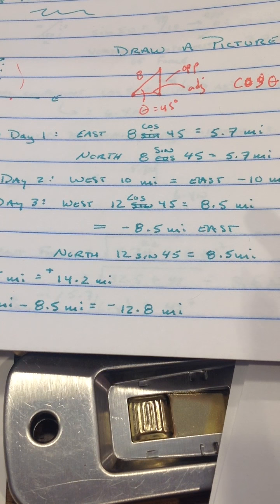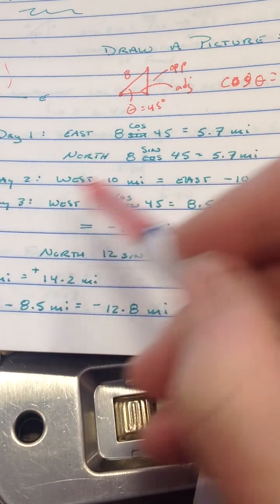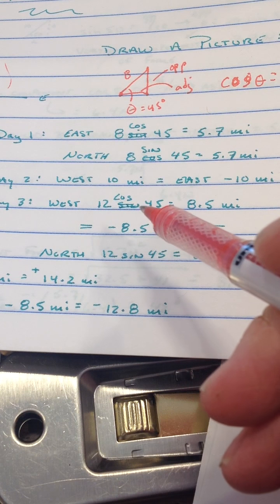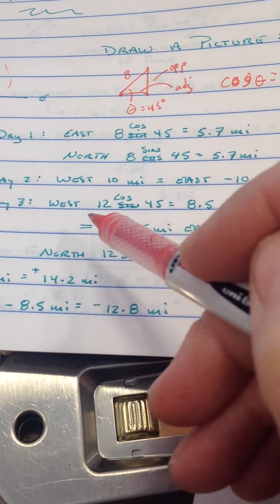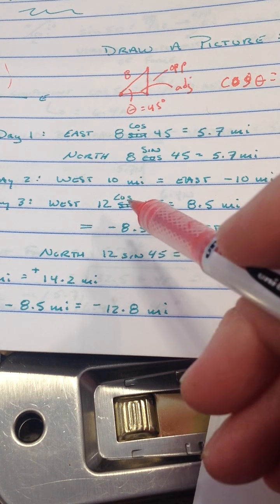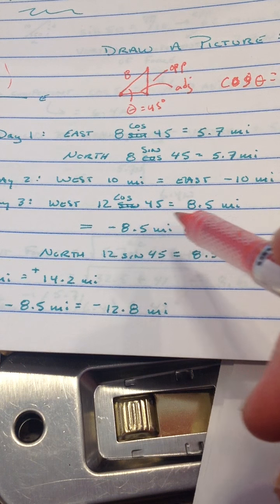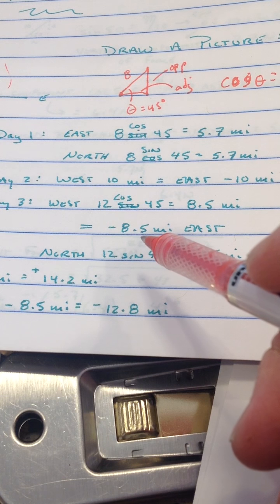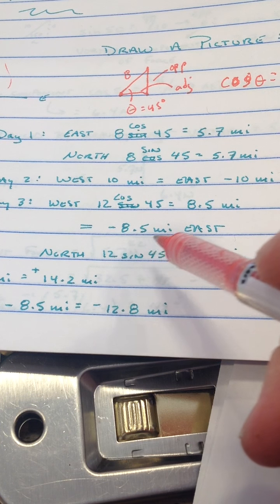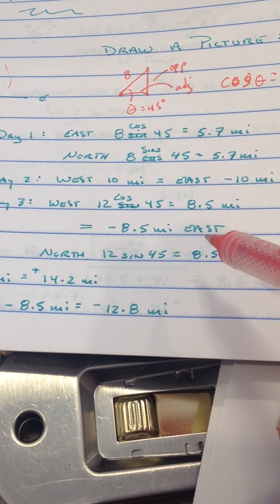On day 2, of course, I traveled only west 10 miles, which is really a travel east of negative 10 miles. And on day 3, I once again use a triangle setup to find that I have gone 12 miles at an angle times the cosine of that angle, so 12 miles times the cosine of 45, or 8.5 miles west, or in the east-west positive is east way of thinking about things, I've gone negative 8.5 miles east.